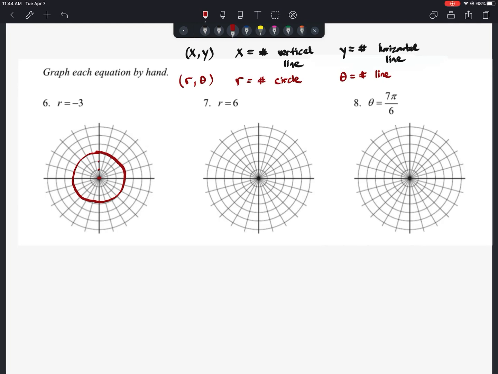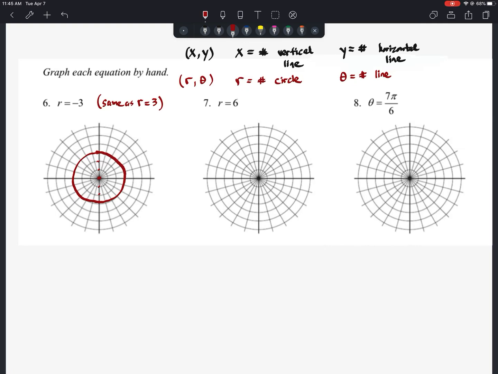So remember, if this was +3 going out here, -3 is the exact same thing. -3 and +3 are both 3 units from 0. So r equals -3 is always going to be the same as r equals 3. Okay, just so that we're comfortable with that. They're both the same distance from 0.